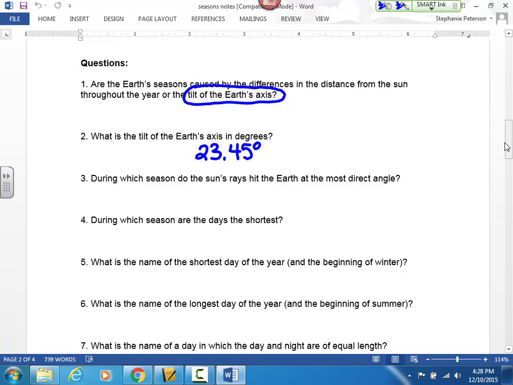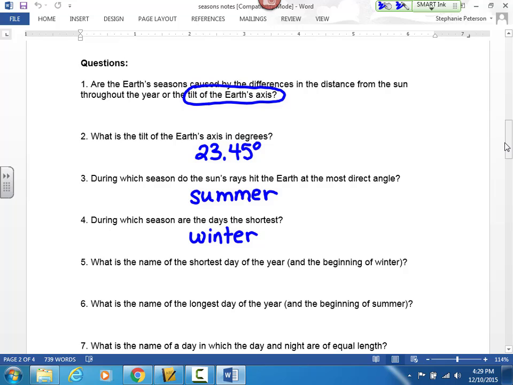During which season do the sun's rays hit the Earth at the most direct angle? That would be the warmest season, which is summer. During which season are the days the shortest? That would be our coldest season, which is winter. Remember that it's a combination between the length of the days and the angle of the sun that gives us summer and winter.